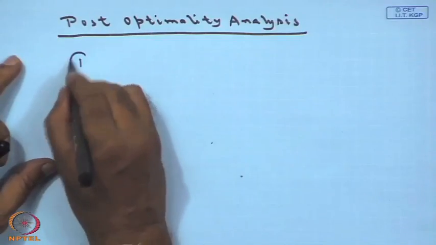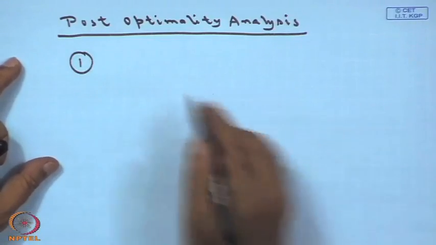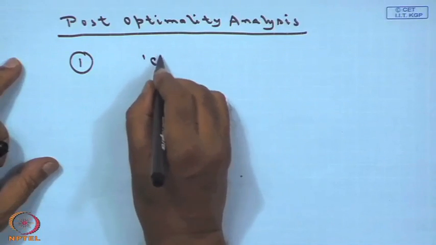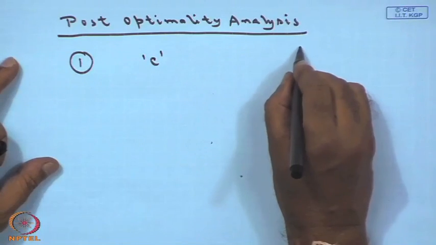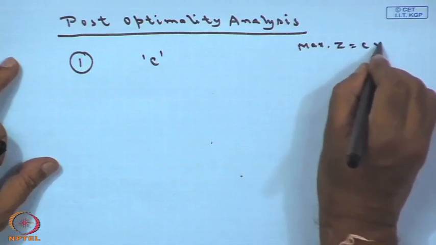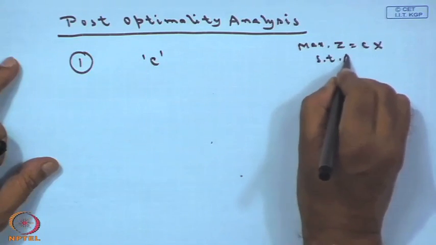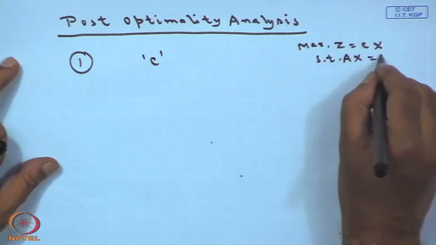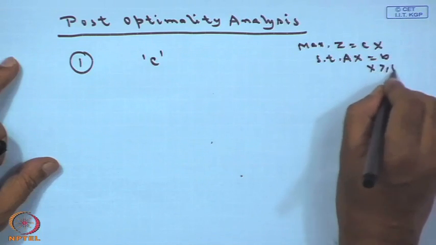Now, what kind of variations can there be? Number 1, it can be a variation in the cost vector C. Whatever your problem is, maximize z equals C x subject to A x equals b, x greater than or equals 0.